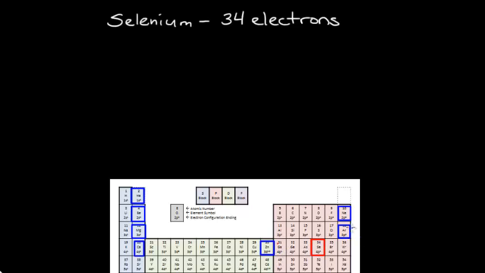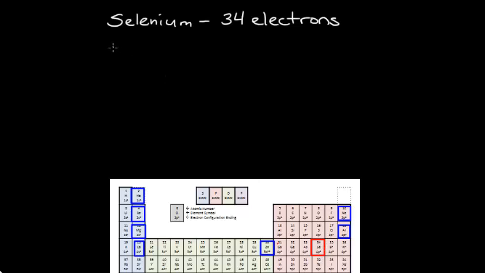The reason why we're going to use these in constructing the electron configuration for selenium is because all of these are the last elements in their respective blocks. And that's pretty much the name of the game. You'll include any element at the end of each block until you get to the actual element you're looking for.